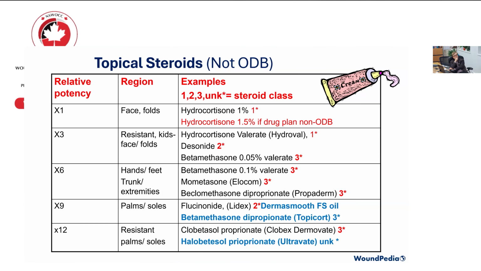And you can take a picture of this, but when you're an ordering physician, 1 times hydrocortisone is over the counter. So we'll mix 1.5% hydrocortisone powder and clotrimazole cream if we're making an antifungal steroid combination. 3 times is for the face or folds. 6 times is for the hands, feet, trunk, or extremities.